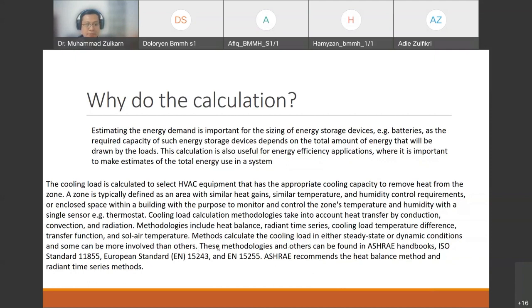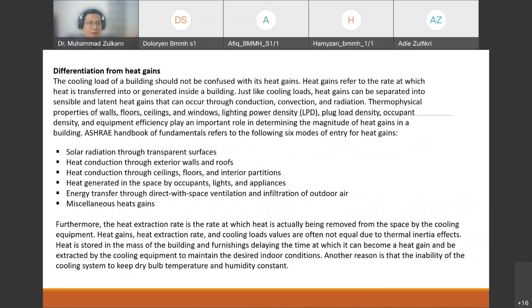We can use the ASHRAE handbook standard to calculate the load demand in the HVAC system. These are the parameters that influence the load: thermal energy from outside sources, solar radiation, heat conduction through the exterior, and so on. Sometimes it comes from devices inside, like lights and electronic devices, for example TV and computers.